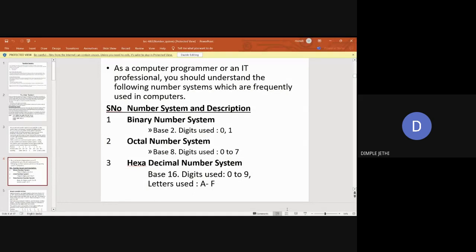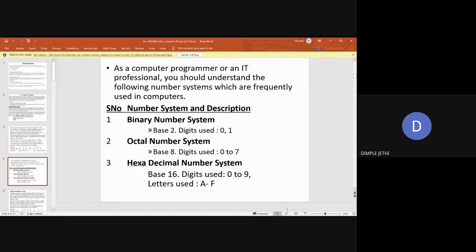First is the binary number system, where the base is 2 and the digits used are 0 and 1. Next is the octal number system. The base is 8, and the digits used in octal are 0 to 7. So that comes to 8.